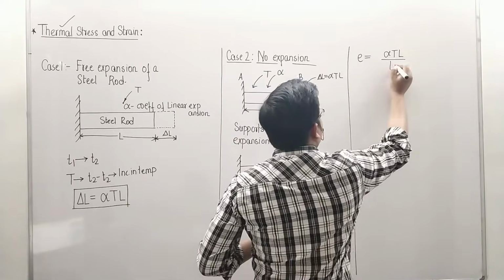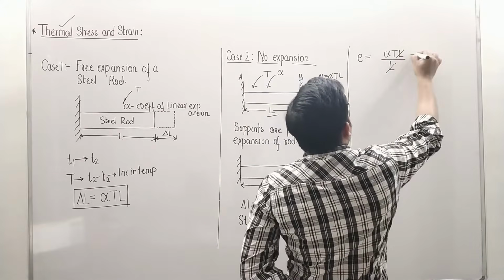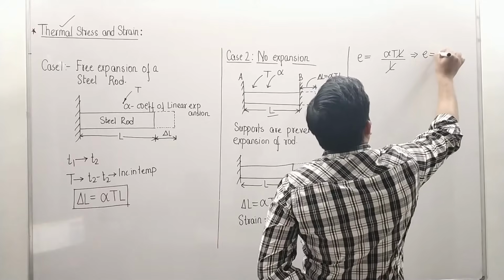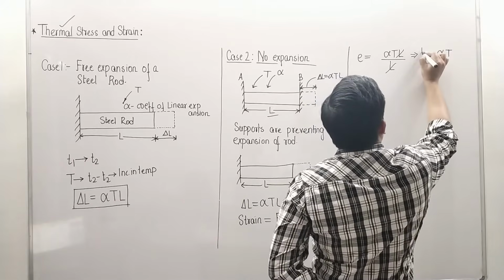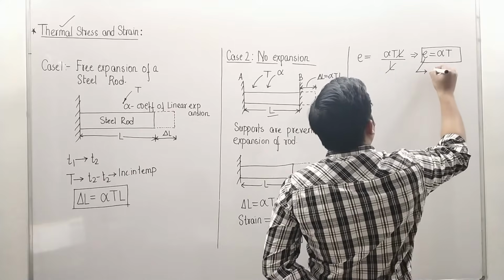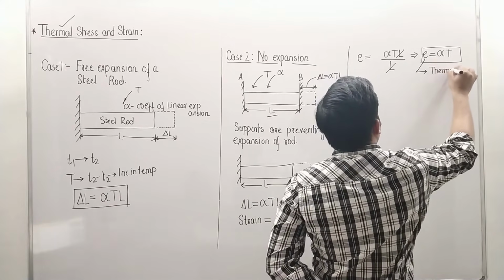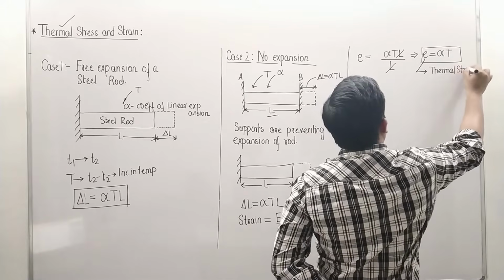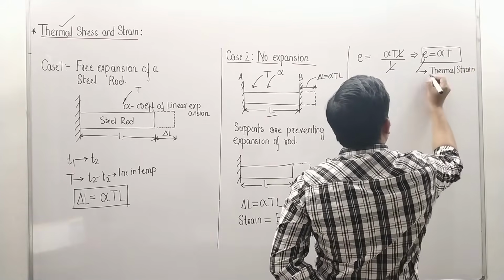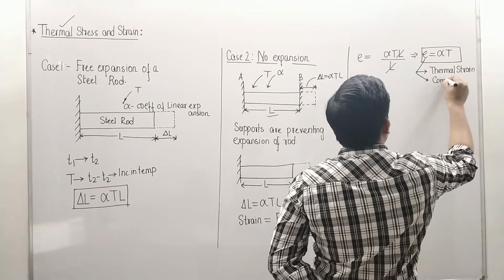So these two are going to cancel out, and the stuff remaining is strain equal to alpha into T. And this over here is nothing but a thermal strain. Well, in this case, you can also call this a compressive strain.